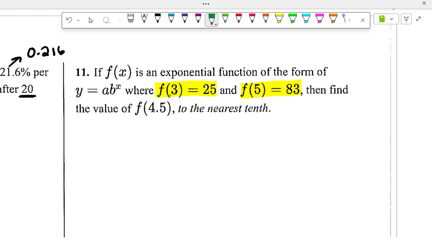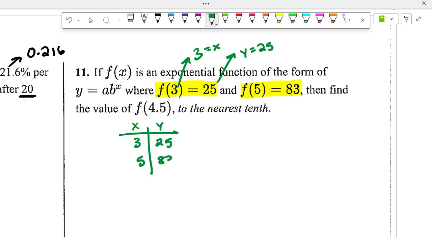Which of these numbers for f of 3 is equal to 25? Which of these numbers is x? The 3. Because typically you see it as f of x, so x is equal to 3. So what do you think y is? 25. So you still have your chart. So I have, or no, sorry, I'm trying to do a table. So x, y, I have 3, 25 and then 5, 83.